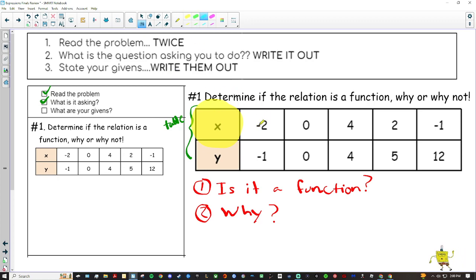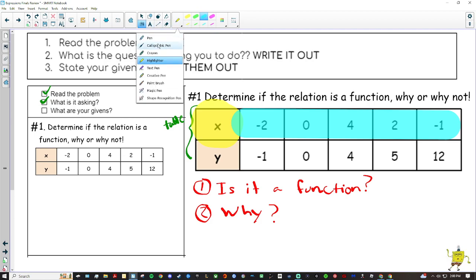So our focus is right here. We are trying to figure out, do all of our inputs have one output? Let's see. I have a -2, a 0, a 4, a 2, and a -1. None of my x values repeat. So this is a function.